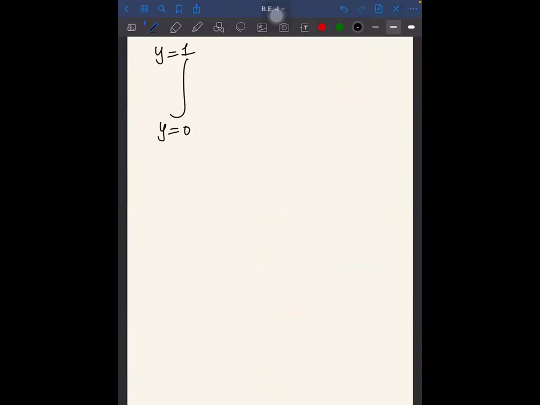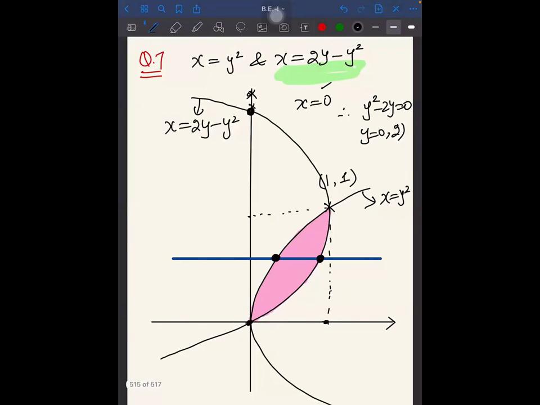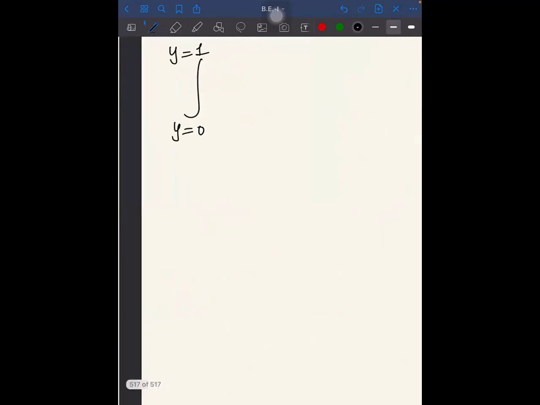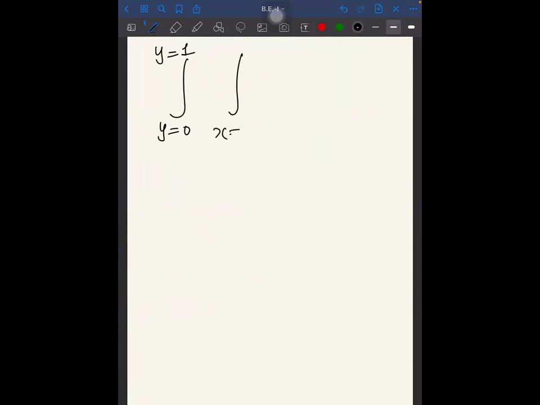So here your y is lying between 0 and 1 and your x is lying between this parabola and that parabola, because here taking x is easier. So where should we go from and to? We should start from this parabola, so that means y square to 2y minus y square. And here y goes from 0 to 1, and x is there, so dx dy.